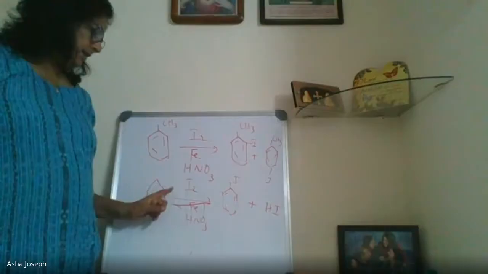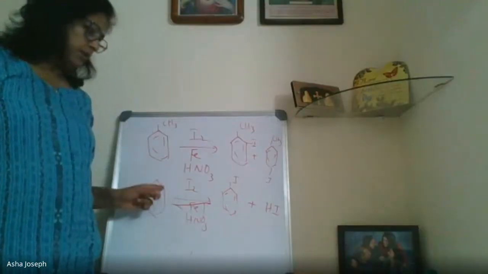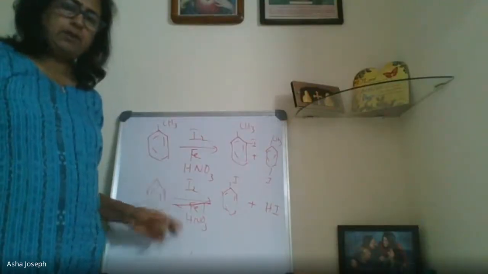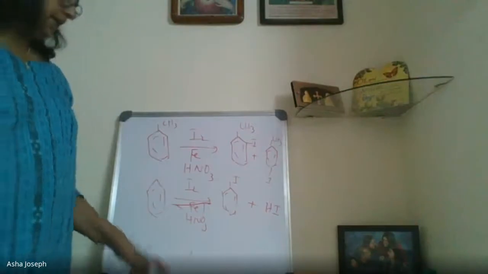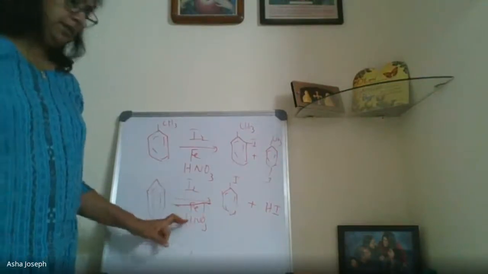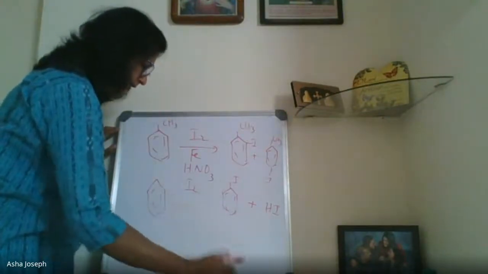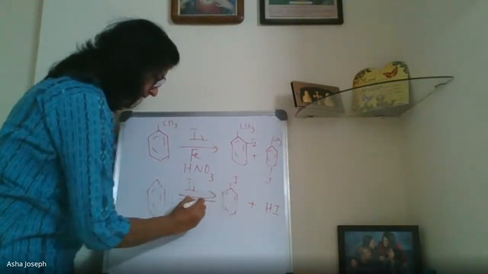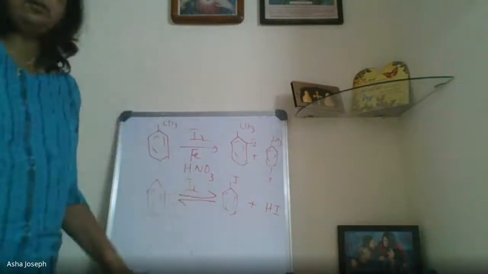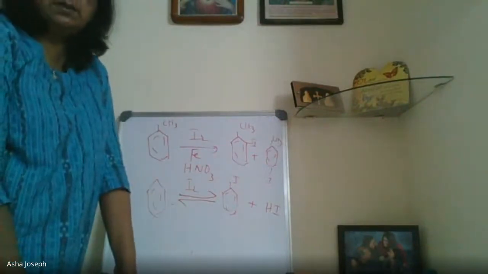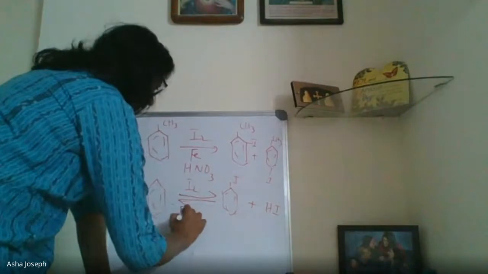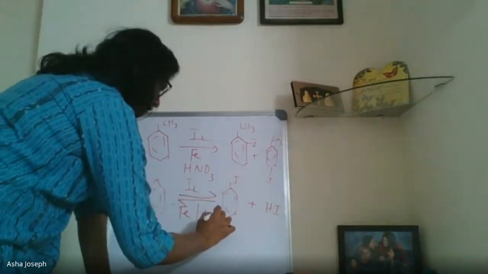Ma'am, can you explain the second step again? The second one, I took benzene instead of toluene. For getting iodobenzene, I have to put iodine, a catalyst and nitric acid. Iodination alone is reversible, so you have to add a catalyst and also nitric acid.